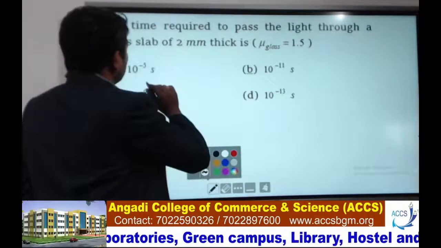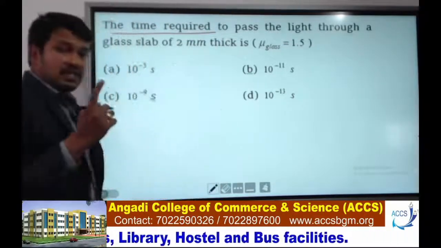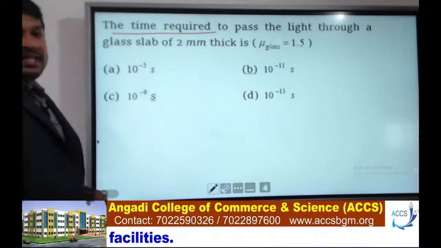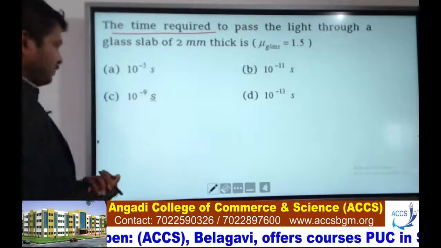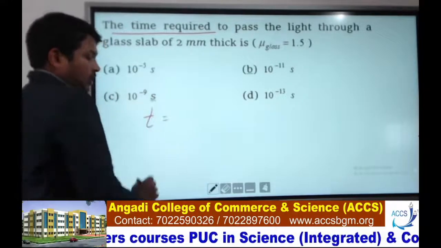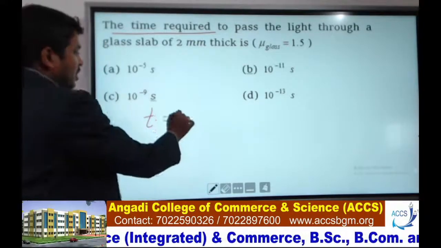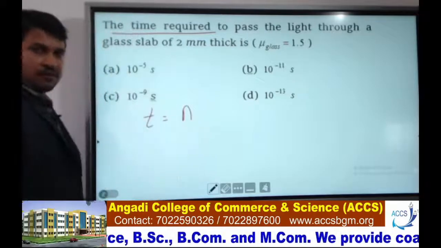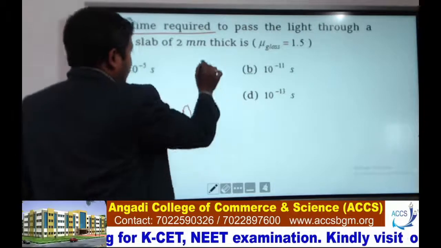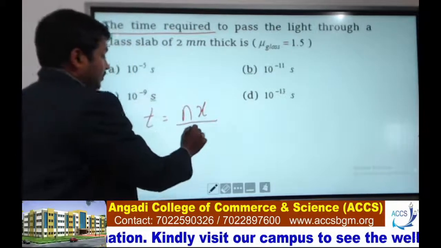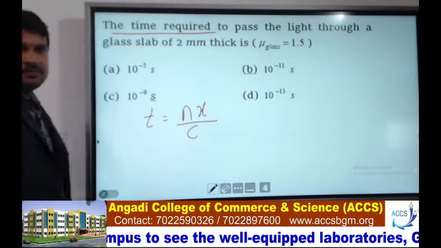They are asking what is the time required for light to pass through a glass slab. Yes or no? What is the formula? That formula is T equals refractive index of glass into thickness divided by velocity of light. Right?